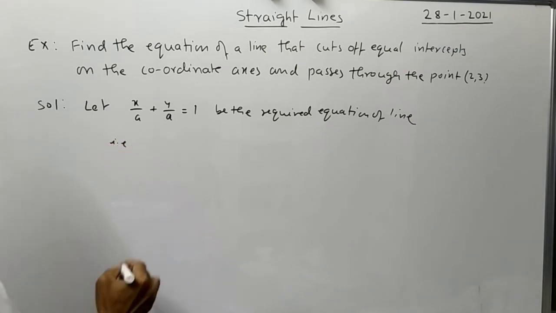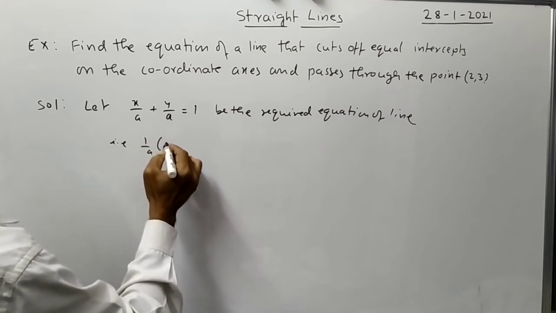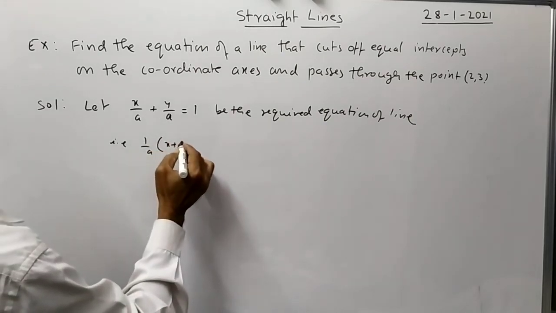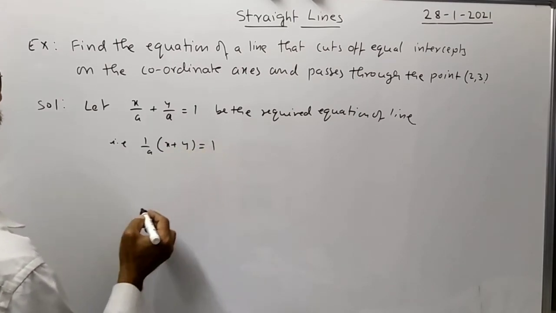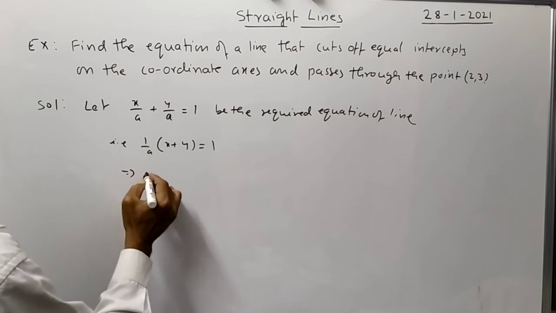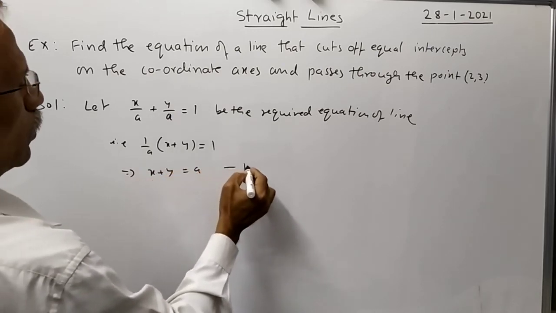That is 1 by a into x plus y is equal to 1. This implies x plus y is equal to a, say number 1.